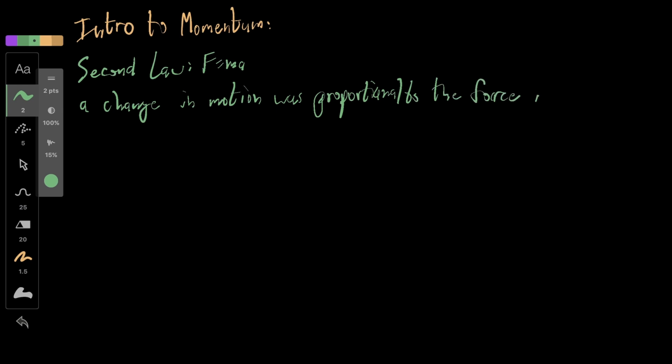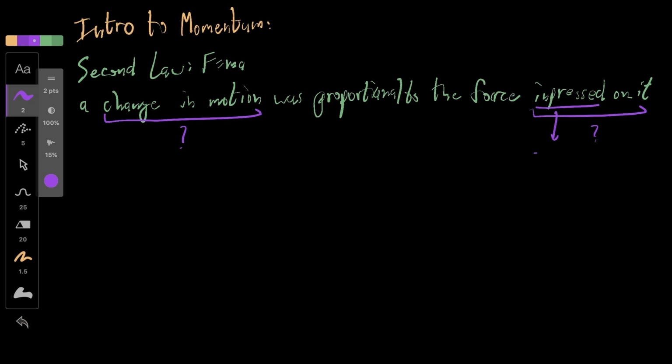Now, this sounds pretty complicated. What is a change in motion? What does force impressed on it mean? Well, we can define all of this. What Newton meant by impressed on it just means what force was put on it or exerted on it. So impressed is just another word for exerted.